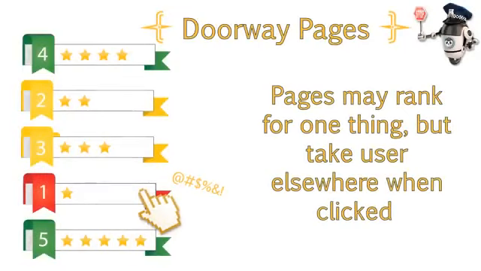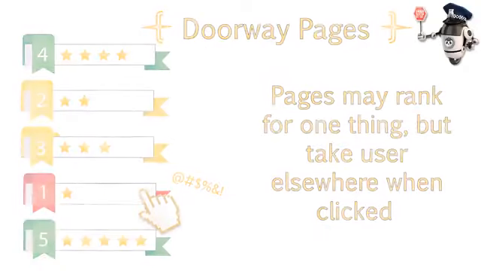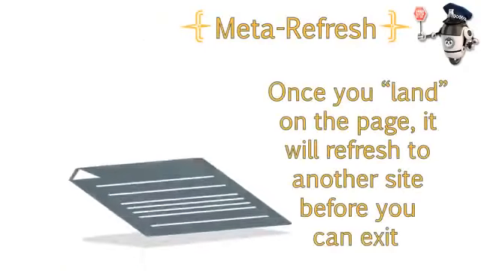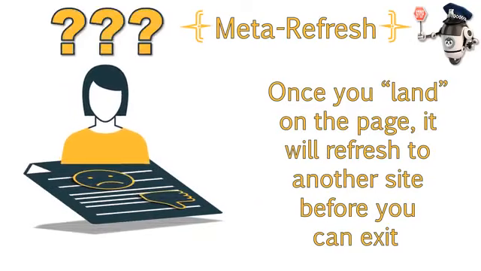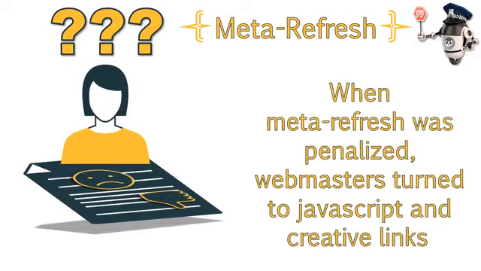In order to get the page to show in search engines, webmasters would often use what is known as a meta refresh, which means that once you land on the site, it will then refresh to another site before you can hit the back button. Google began penalizing sites using the meta refresh technology, and then webmasters began using JavaScript or tricking the visitor into visiting the desired destination through creative linking.